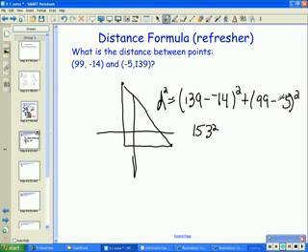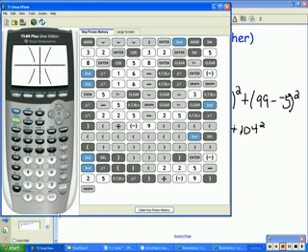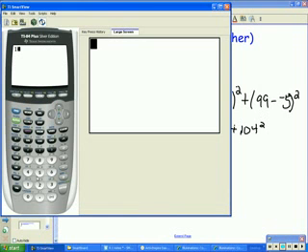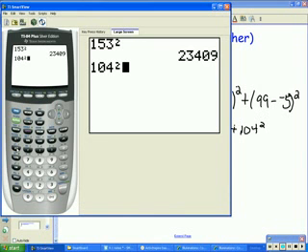And then 99 minus negative 5, that's going to be 104. Okay, I'm good with my square numbers, but not this good. So 153 squared is 23409. 104 squared is 10816. Let's add those together.